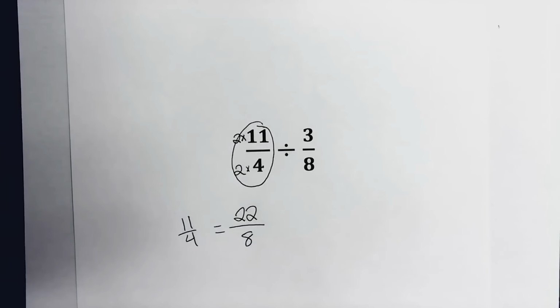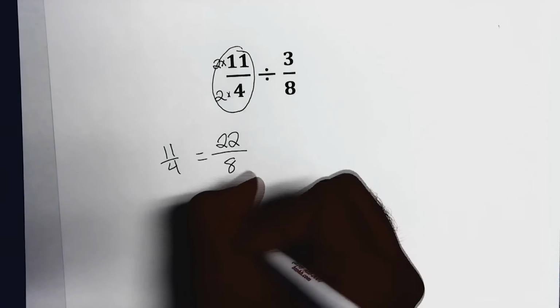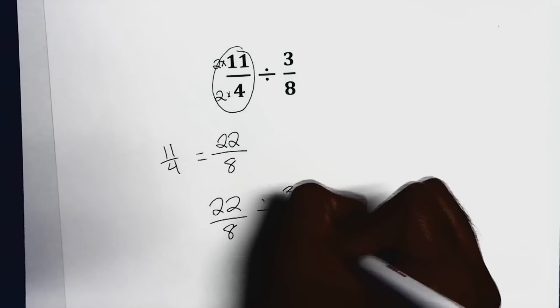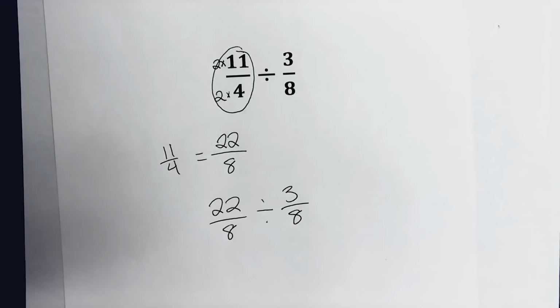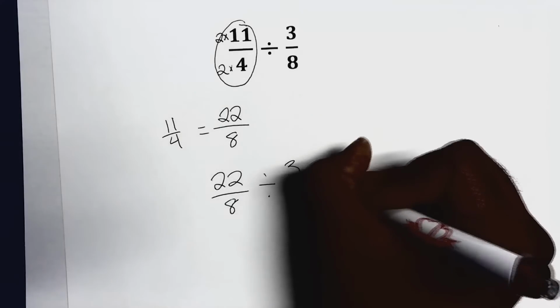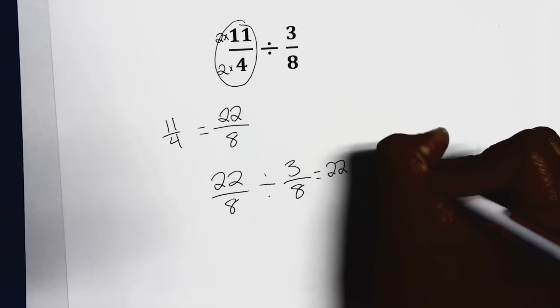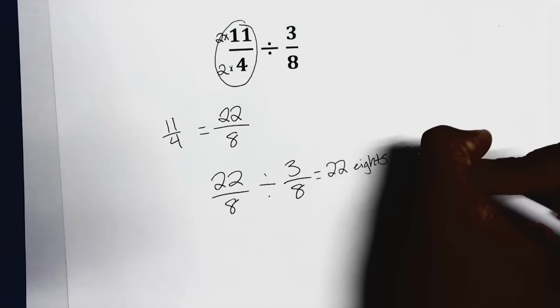Good job. So now looking at my problem, 22/8 divided by 3/8. Do I have the same denominator? Yes. So I know that this is the same thing as 22/8 divided by 3/8.